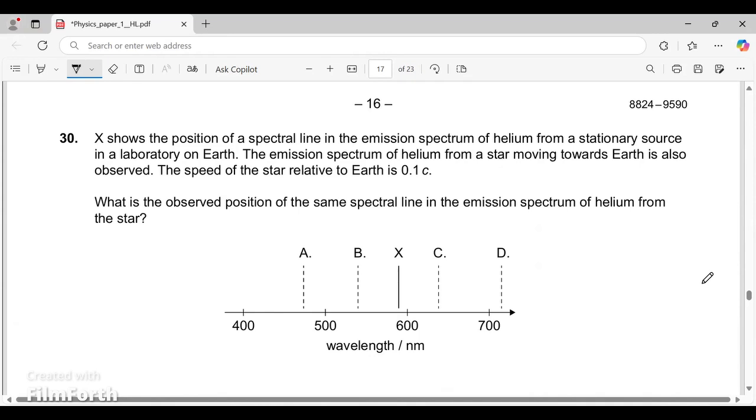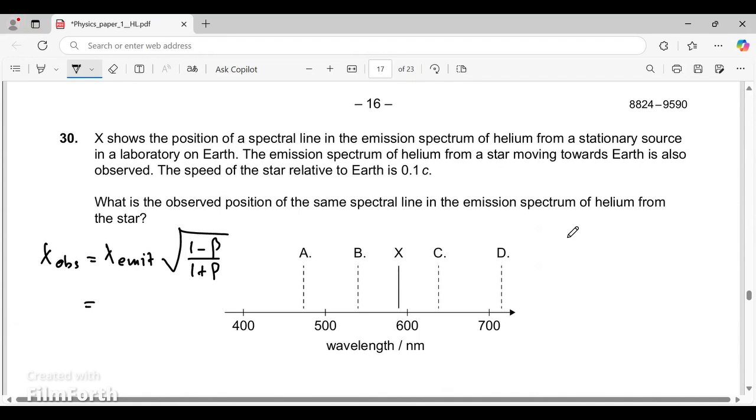The relativistic Doppler effect formula for wavelength I would like to write in here is lambda observed equals lambda emitted times square root of (1 minus beta) over (1 plus beta).